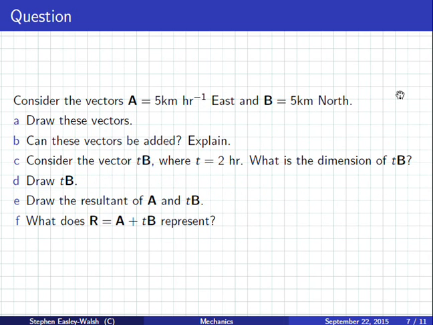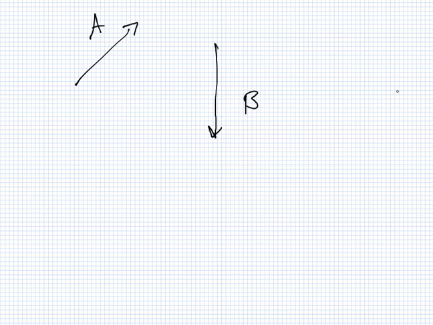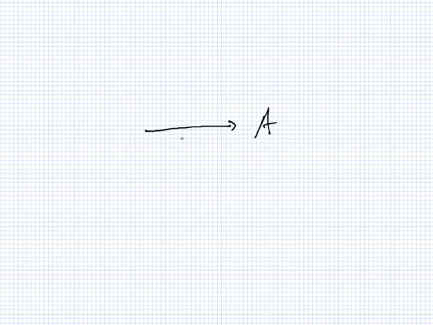So let's look at some examples here. I have two vectors, 5 kilometers per hour east and 5 kilometers north. You see those two vectors? A and B. So let me just draw them. This is, for example, A, and this is 5 kilometers per hour.